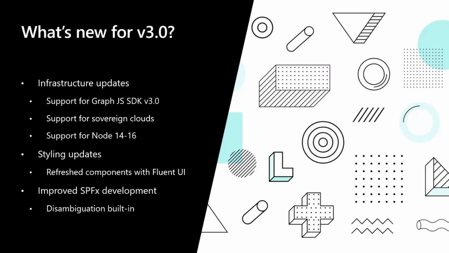First of all, we did some major infrastructure updates to V3 of the Graph Toolkit. The first thing we did is update our versions of the Graph JavaScript SDK. Why? So we can offer more capabilities as part of the client, but also so we can finally support sovereign cloud scenarios.